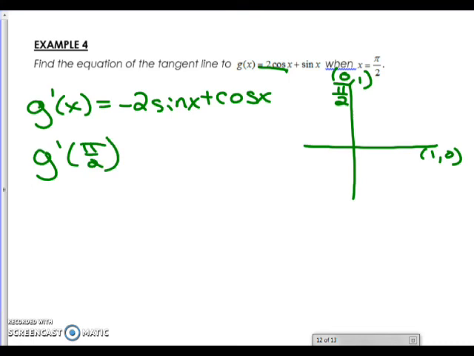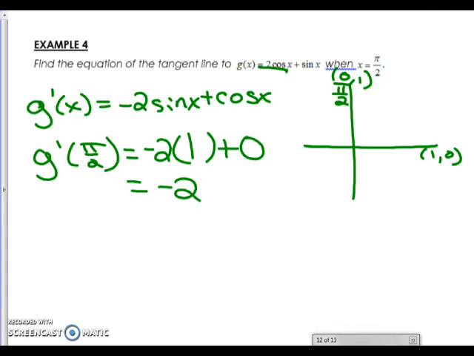Evaluating the derivative at pi over 2, I have negative 2 times sine of pi over 2, which is 1, plus cosine of pi over 2, which is 0. So here I just have negative 2 as my slope.